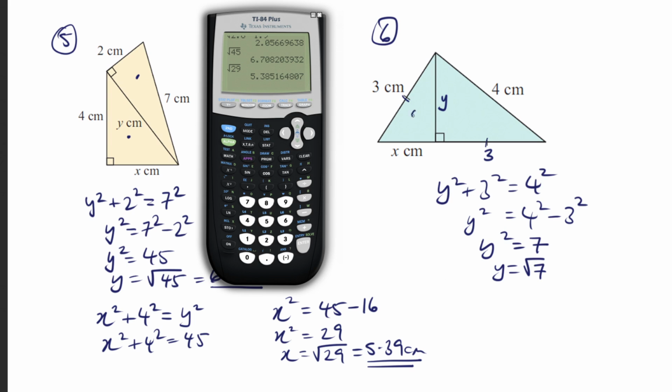And now we can use this triangle, and we can see that x squared plus y squared is equal to 3 squared. Now what is y squared? Well, we've already got it here. y squared is 7.